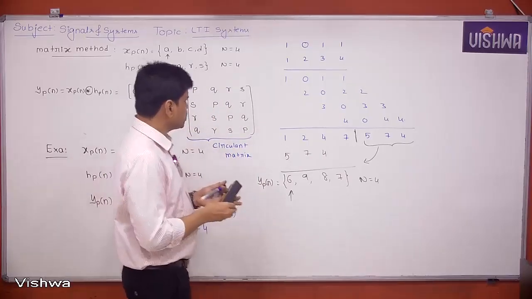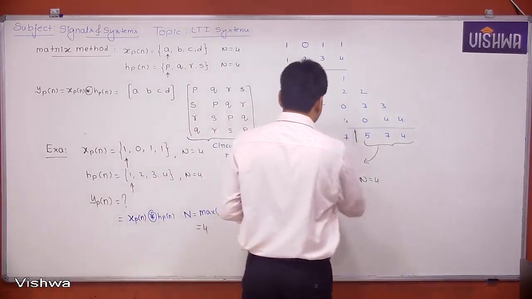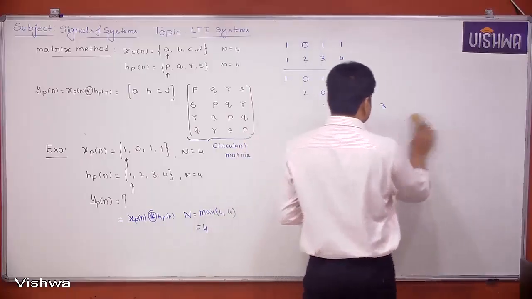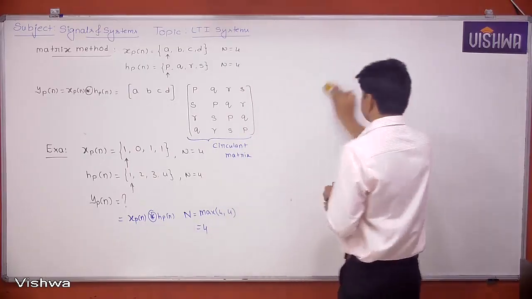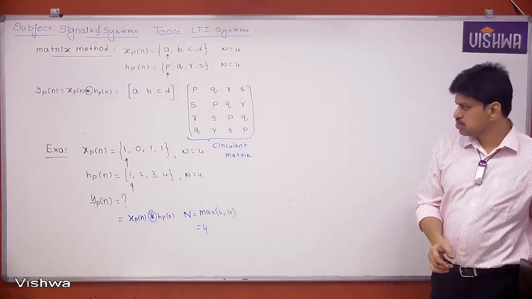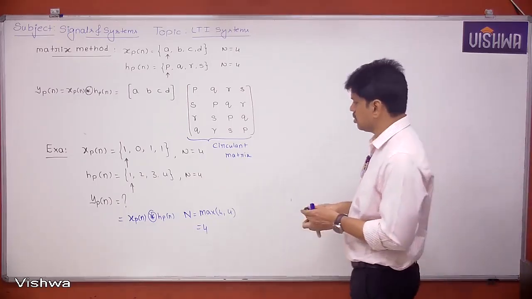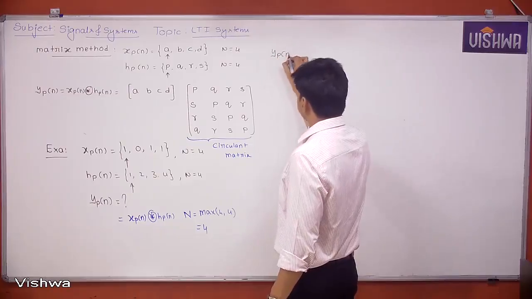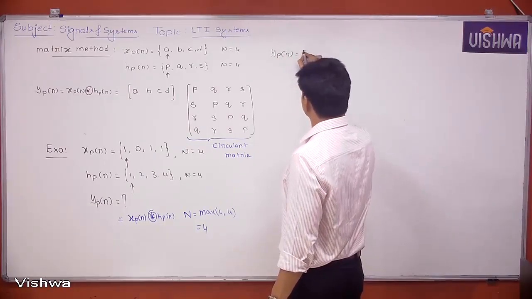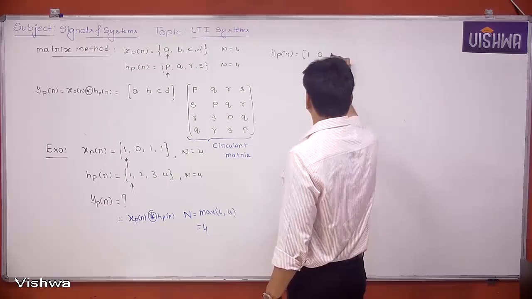Let's solve the same question we have done now by using the circulant matrix method. Let's see the same question. Yp of n is equal to 1, 0, 1, 1.